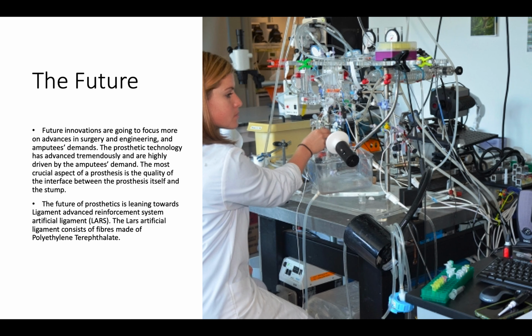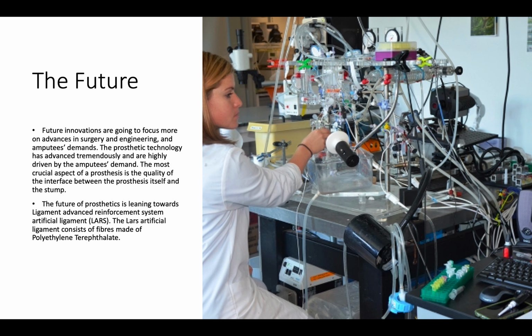Future innovations are going to focus more on advances in surgery and engineering, and focus more on amputees' demands. The prosthetic technology has advanced tremendously, and is highly driven by the amputees' demands. The most crucial aspect of a prosthetic is the quality of the interface between the prosthesis itself and the stump.